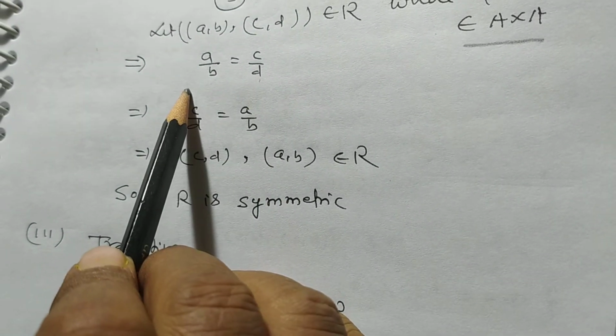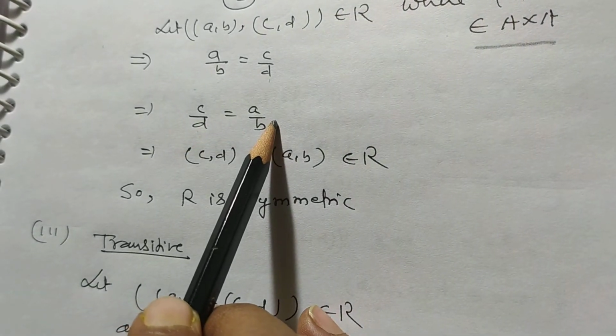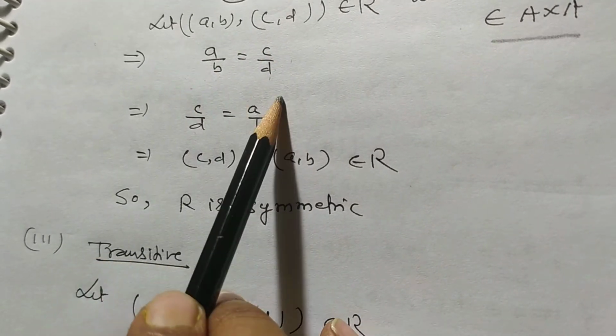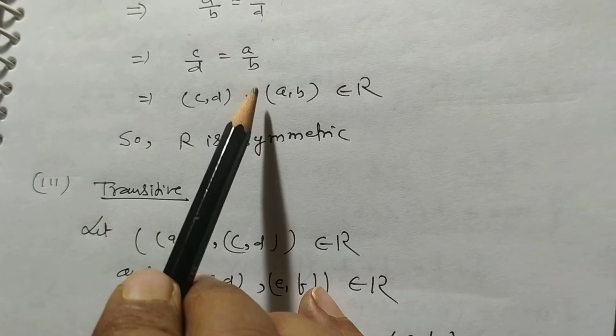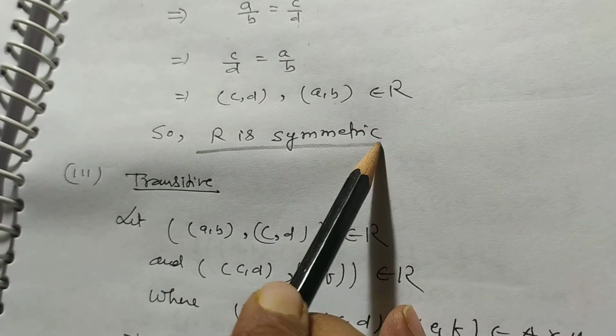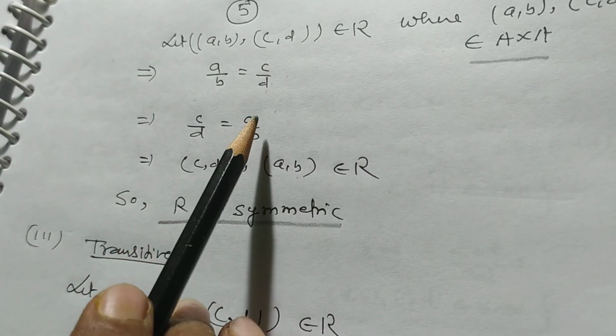Now we change the side: CD is equal to AB. It is true. We change the side, then it will be CD related to AB, which belongs to R. So it is symmetric. It will be easy if you do some simplification here.